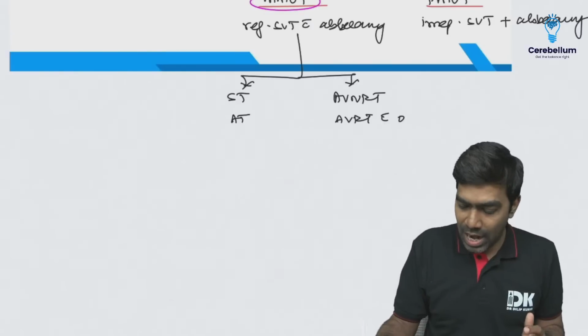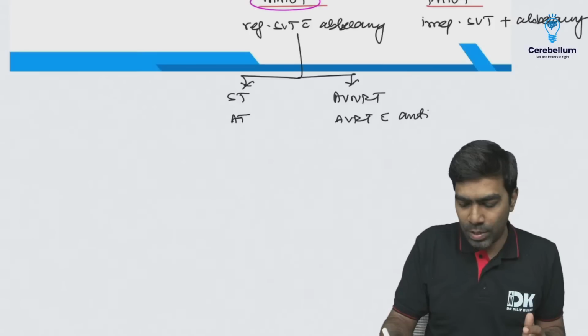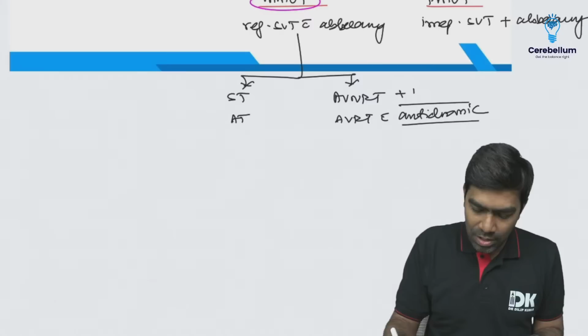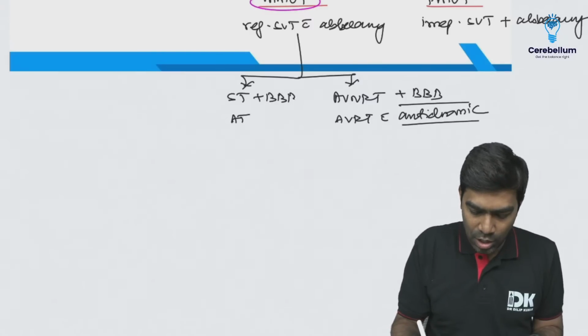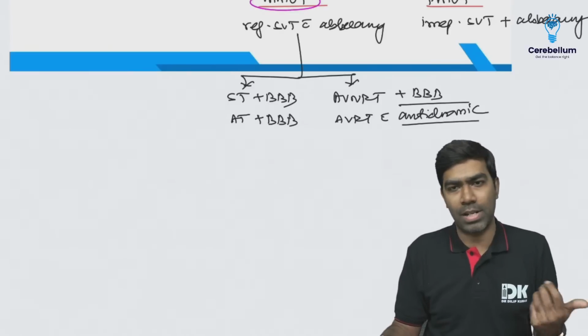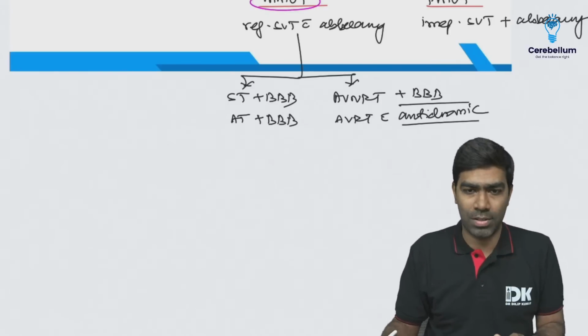Sorry, AVRT with antidromic conduction, because orthodromic conduction will have a narrow complex tachycardia. As I told you already, antidromic conduction will have a wide complex tachycardia only.